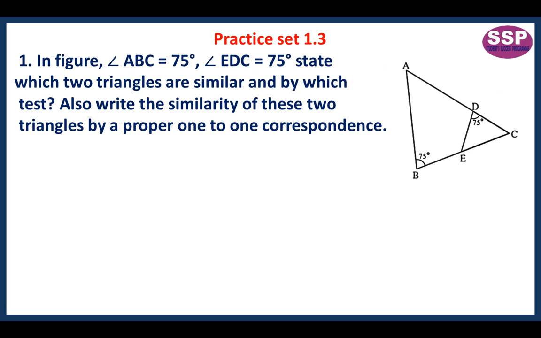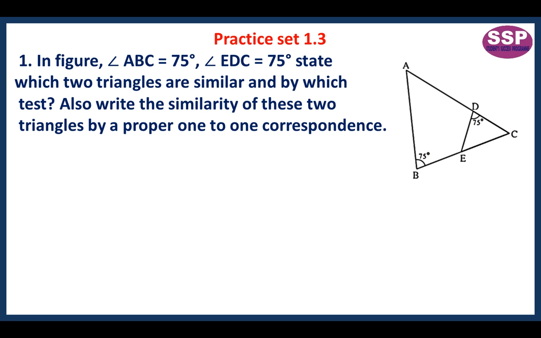Now observe the figure. We have to find out two triangles which we can show similar to each other. There are two triangles, triangle ABC and triangle EDC, in which angle B of triangle ABC and angle D of triangle EDC are congruent, each of 75 degrees, and in both triangles angle C is a common angle.